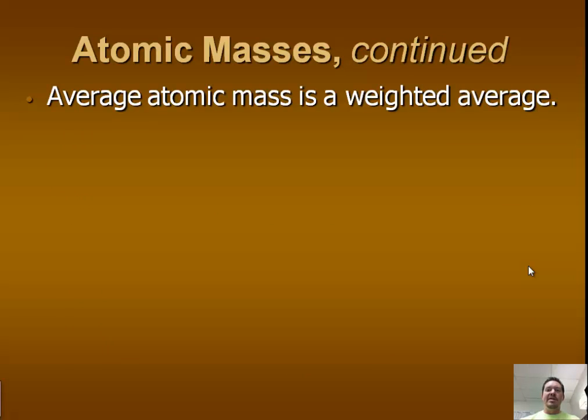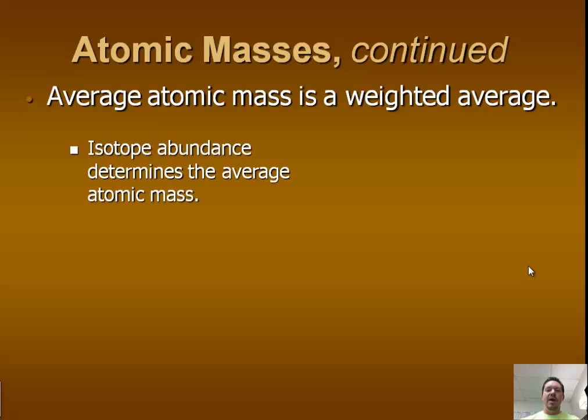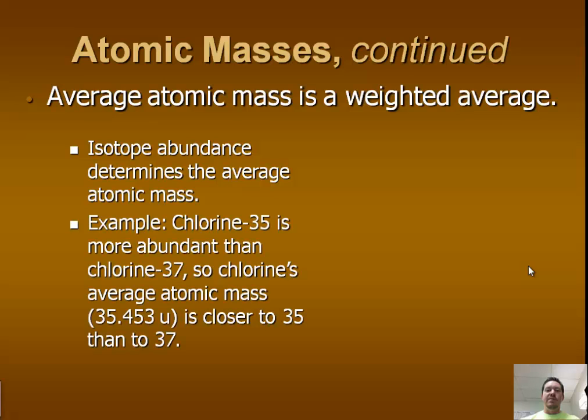Average atomic mass is a weighted average because we have a different number of isotopes that naturally occur in nature. We have an example. Chlorine-35 is more abundant than chlorine-37. So chlorine's average atomic mass ends up being 35.45 AMU.